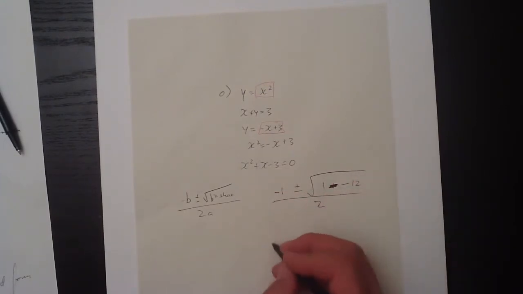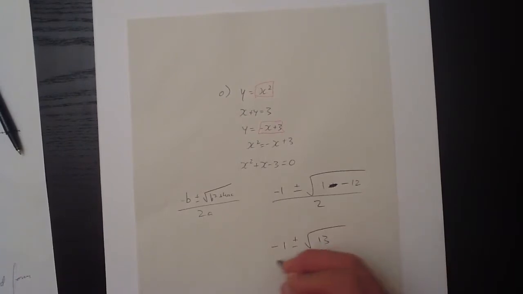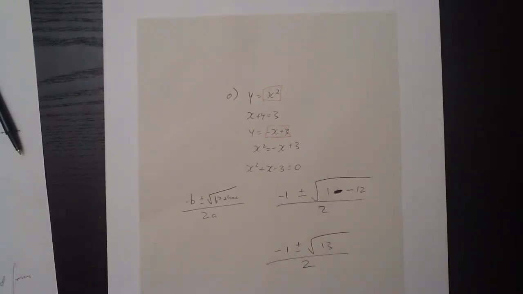So this then gets simplified as negative 1 plus or minus root 13 over 2. And there's no way to really simplify that. It's an irrational number. If you have a calculator, you can get a decimal approximation of it. But essentially, those are your two values of x.